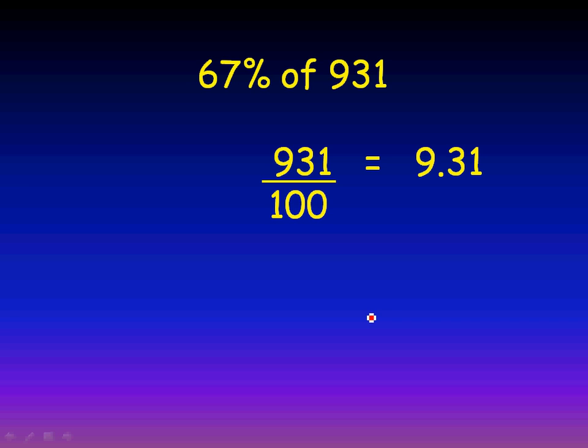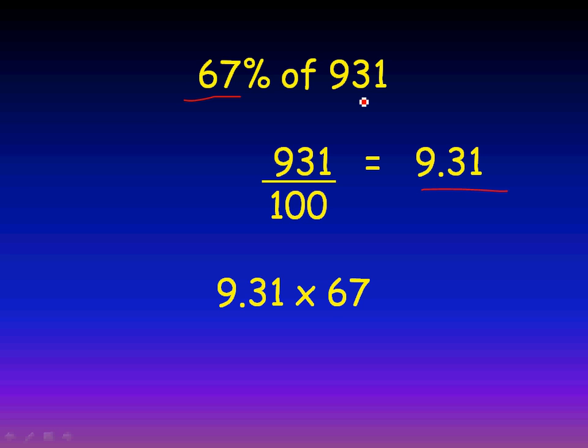Now, I don't want 1%, I want 67%. So all I need to do is take my answer to 1%, 9.31, which is here, and multiply by whatever is in front of my percentage sign. Okay, this would work if you had 85%, 17%, whatever, as long as you multiplied by that number that was in front of the percentage.